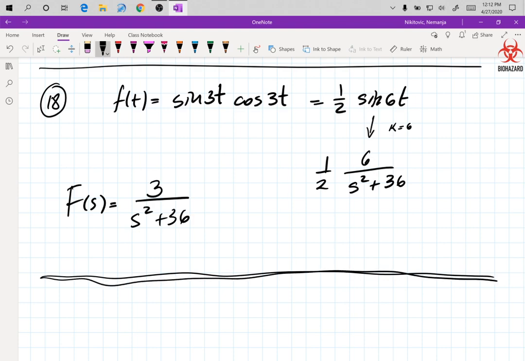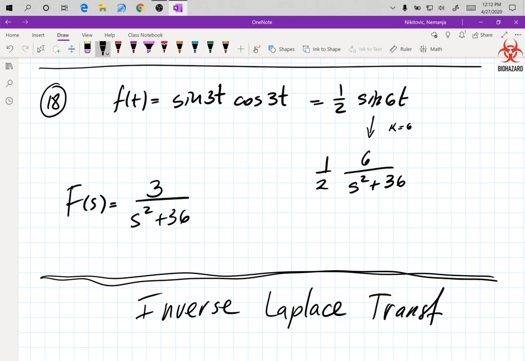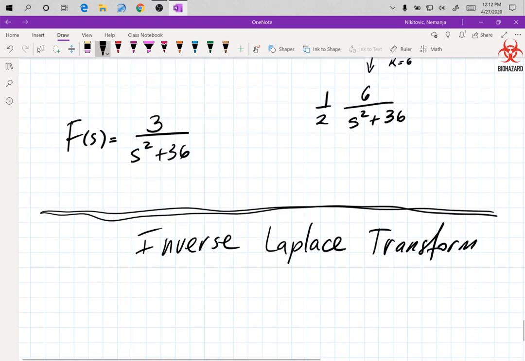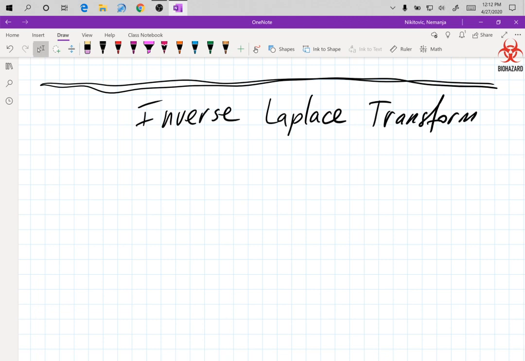Let me just write this: inverse Laplace transform. Let's not lose sight of what this is all about. You have a differential equation given as f of t's. You have your second derivative in terms of t, first derivative in terms of t, and f of t.